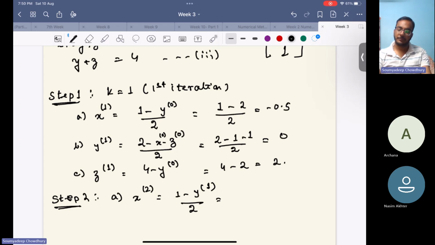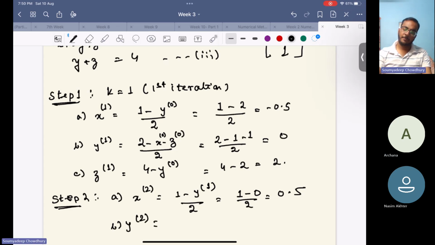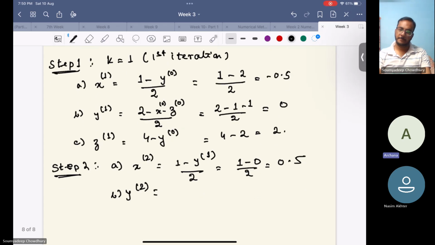What is y of 1? Can you tell me what y of 2 is then? Am I audible? Can you tell me the expression for y of 2?